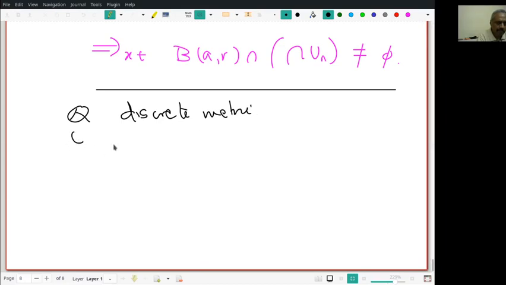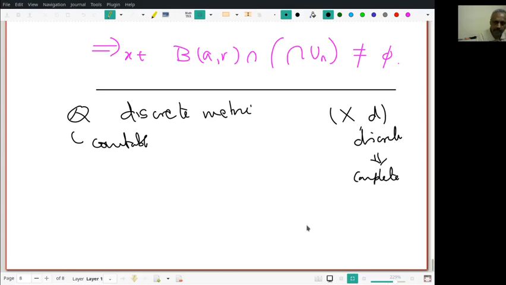All of us know Q is countable, and any discrete metric space is complete. And in any metric space, singletons are closed.